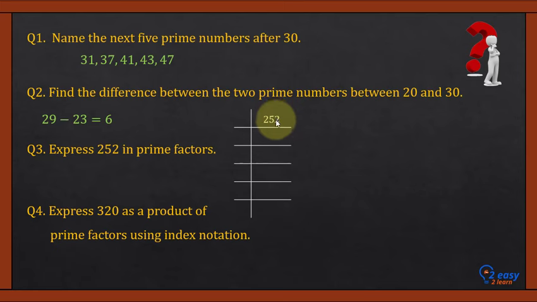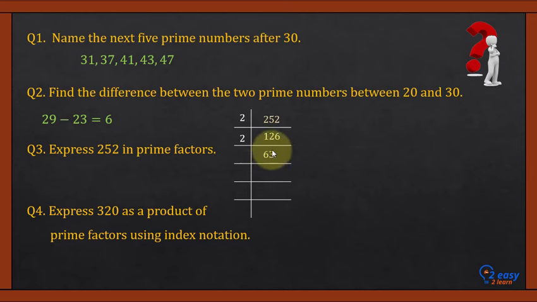It means that 252 is divisible by the prime number 2. So 252 divided by 2 is 126. Again, the last digit is 6, which is an even number. It means that 126 can be divided by 2 again. 126 divided by 2 is 63.